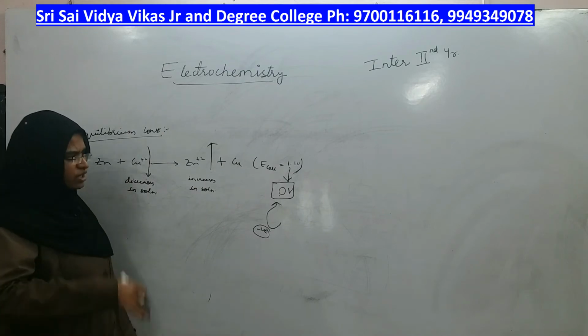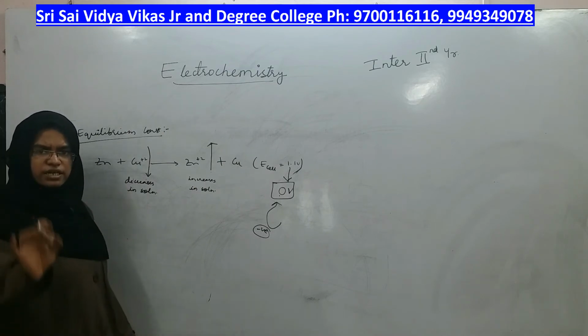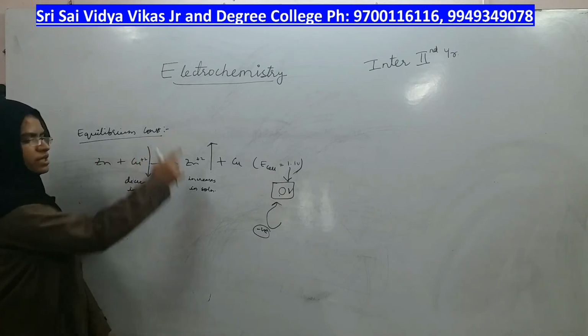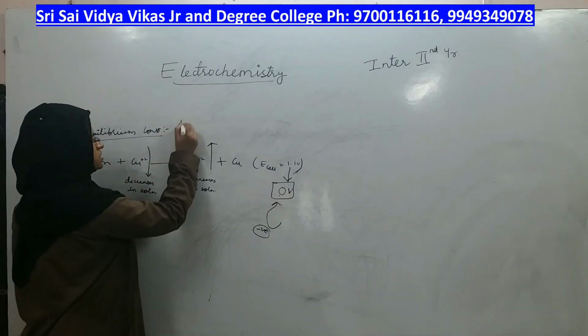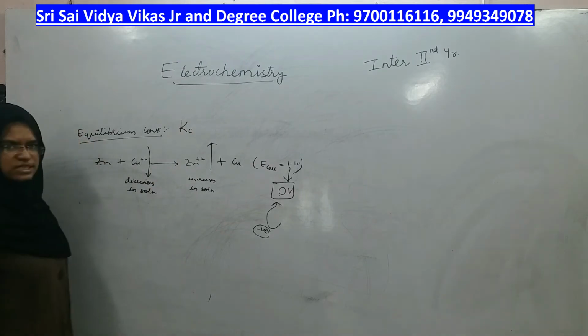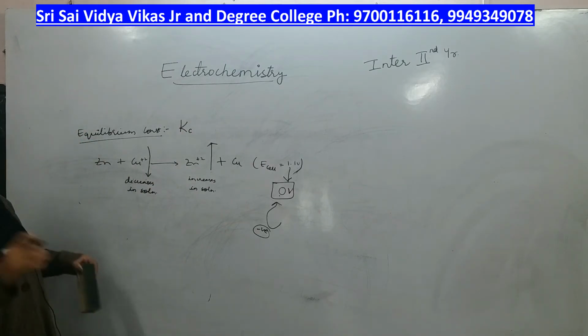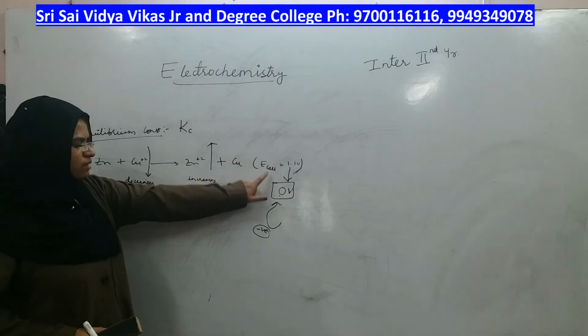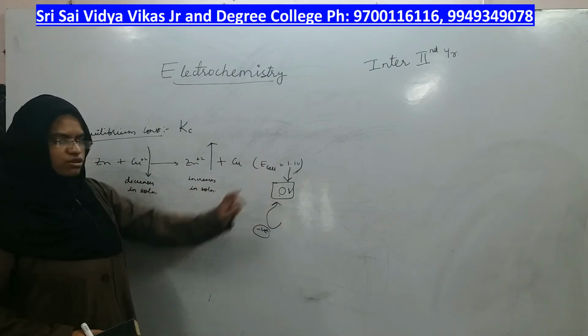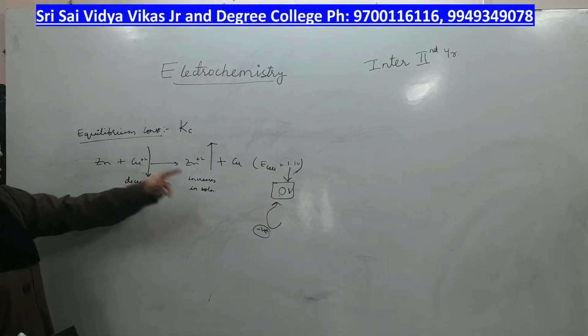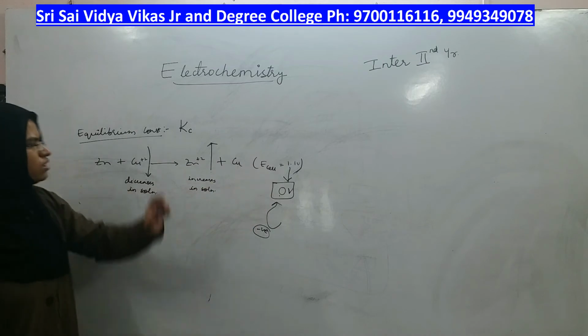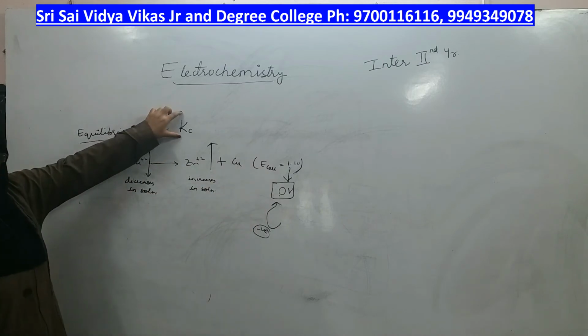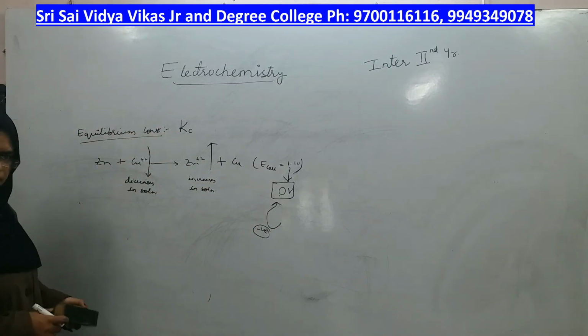But at that point the reaction stopped, and that point is called equilibrium, which is represented as Kc. At equilibrium, what is the value of cell potential? 0 volt.